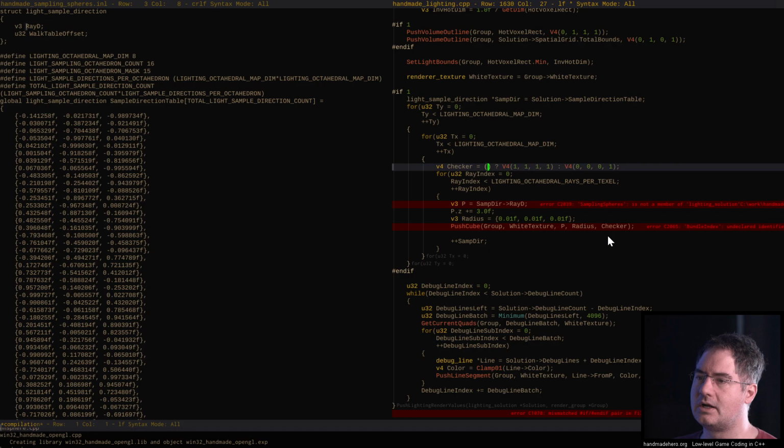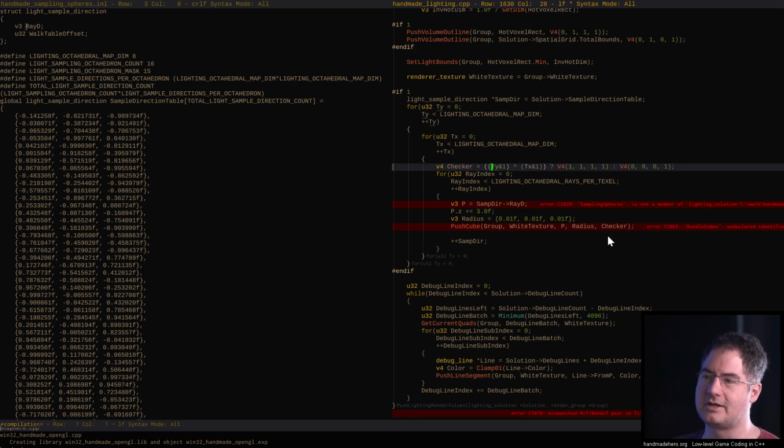But the checkerboard pattern would be just the bottom bit. If the bottom bits of X and Y are different, then use one color, otherwise use another. You know what I mean? I feel like that's probably all we need. You start out TX, TY, they're equal. If you step one in either direction, they're now not equal.